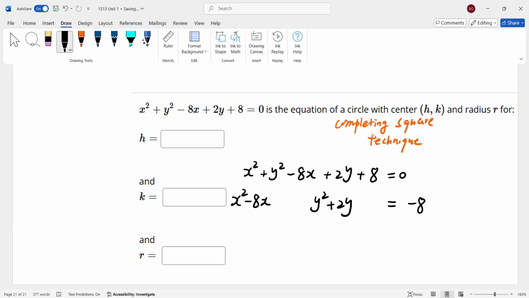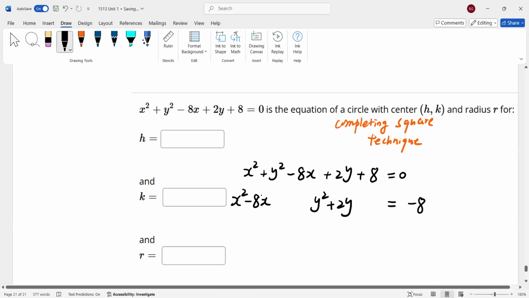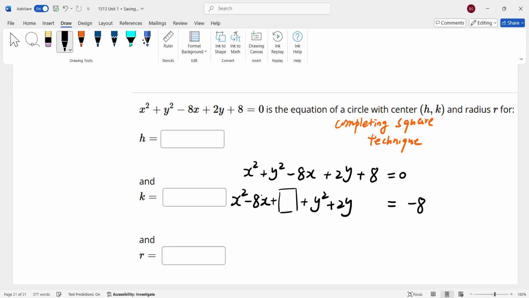We are going to add a number here, and we need to do the same thing to the right side, because we are rewriting the equation. We are not changing the equation to a different equation. The equation has to stay the same.